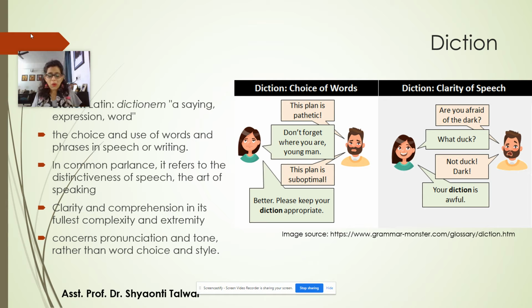And she says, "Oh, your diction is awful." But actually, over here, it's not the man's diction which is awful. Probably the woman has a problem in comprehending. She could be a foreigner. She could be used to saying the word differently. So, this is how diction in regular usage refers to choice of words and clarity of speech.